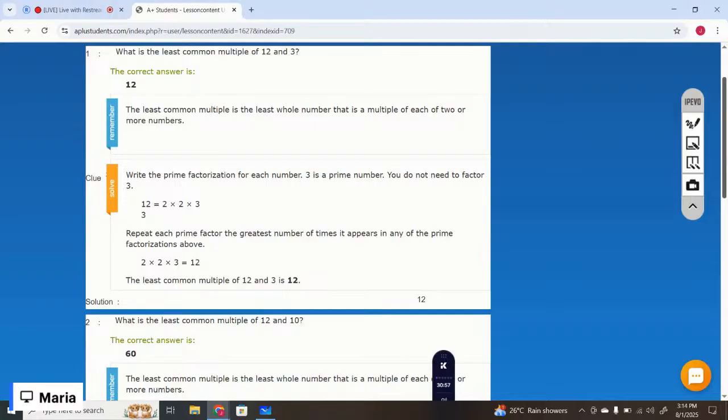The common factor is 3 and the non-common factors are 2 times 2. That is 12. Let's start with the test questions.